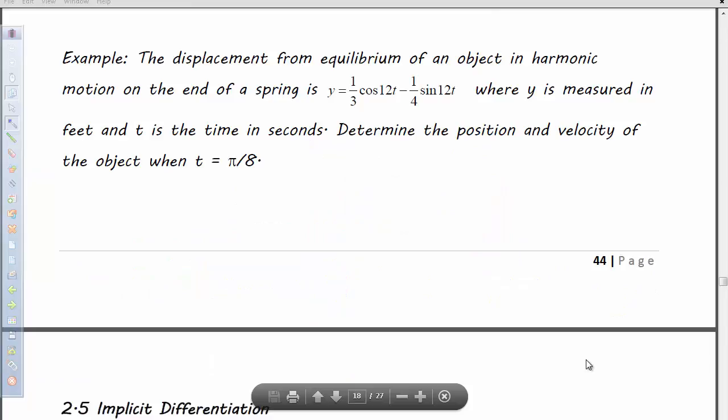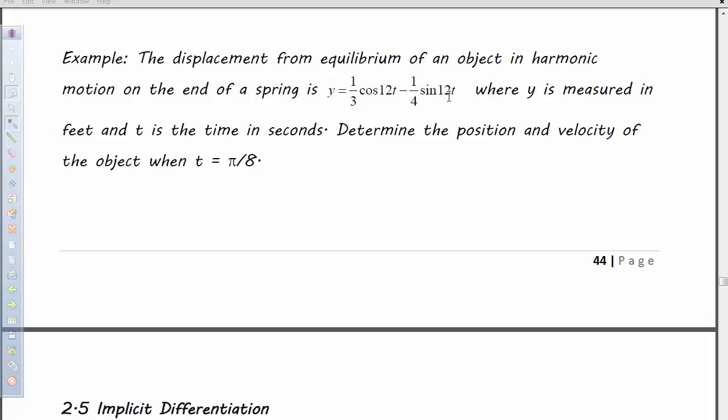All right, in this problem, just a word problem, what we need to do is determine the position and velocity of the object when t equals pi over 8. This is an object in harmonic motion, which we talked a little bit about in trig. When an object is in harmonic motion, it's going back and forth, up and down, kind of like a spring.